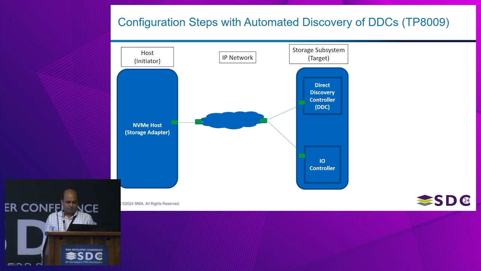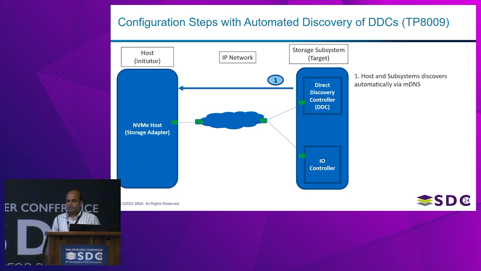This is the same diagram which we are going to use when we compare DDC versus CDC. Here are the steps in the DDC environment, with the storage and the host available on the sides. Via mDNS, hosts and subsystems discover each other automatically. There is no need to manually provide the IP for a particular discovery controller from a host.